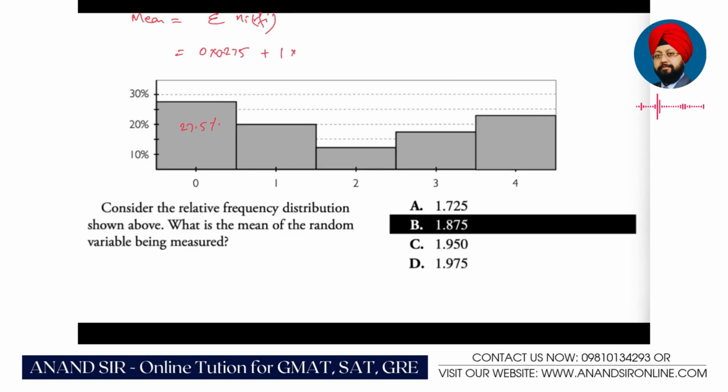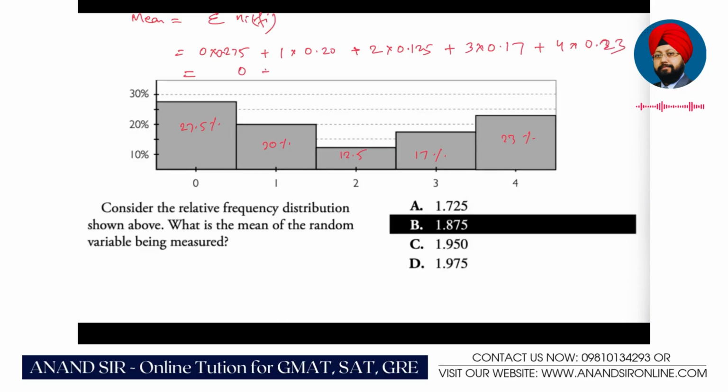plus 1 into this is 20%, so it is 0.20 plus 2 into this is 12.5%, into 0.125 plus 3 into this is around say 17%, so 3 into 0.17 and then 4 into this is around 23%, right? So it is 0.23.